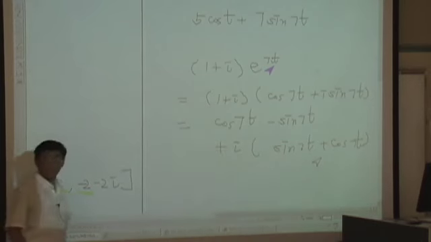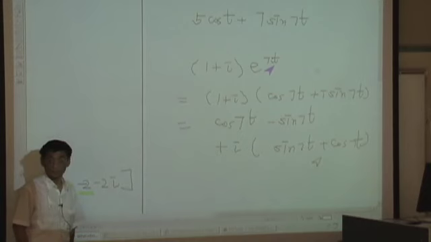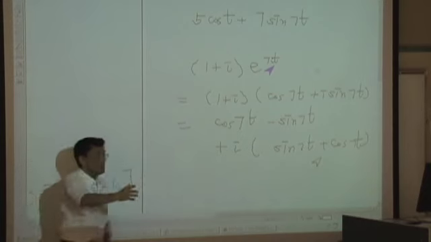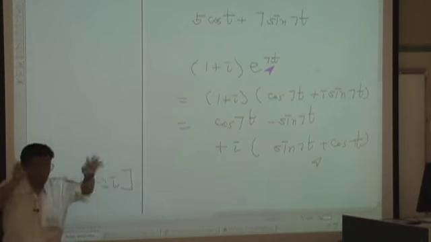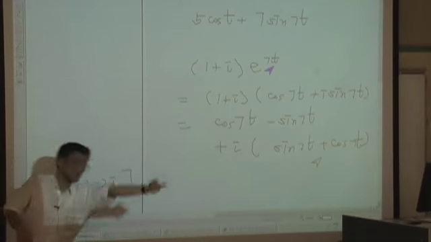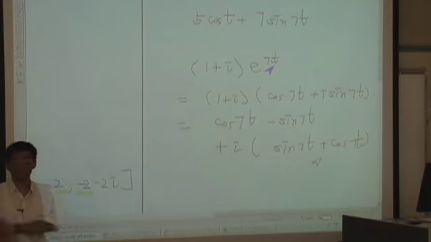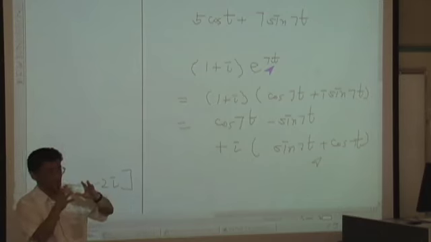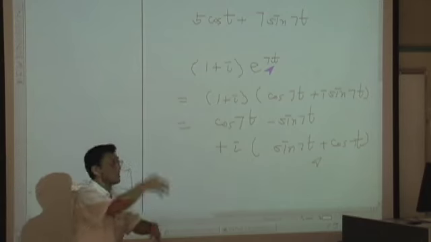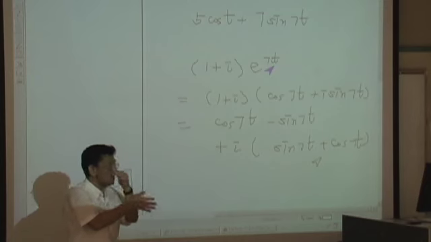Do you follow me or not? So you cannot just read the imaginary part or real part of the spectrum and then say, oh, this should be cosine, this should be sine. Once we convert it to the spectrum, then something happens. But we should not ignore the imaginary part.